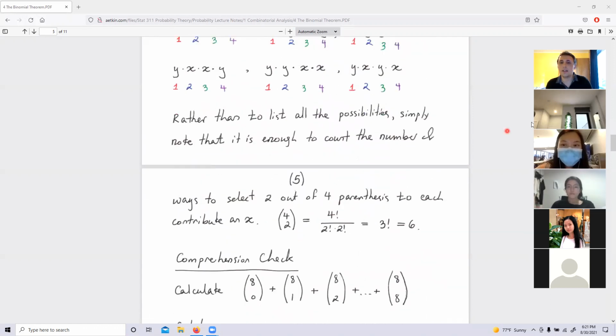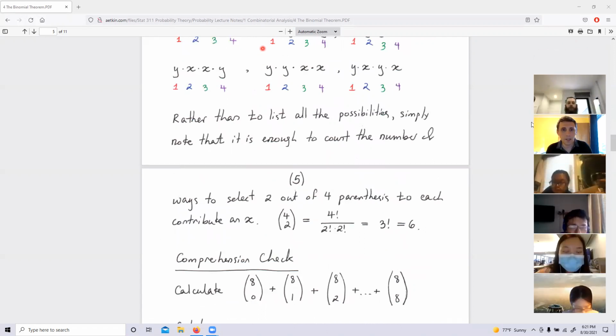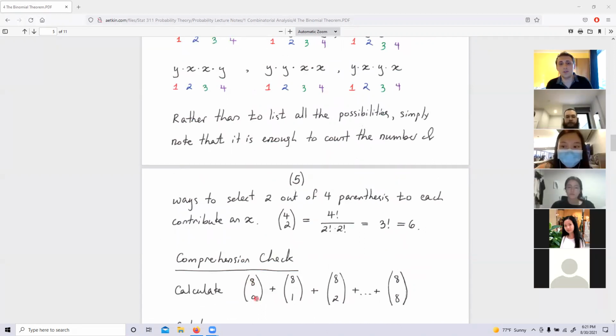Okay, guys, here is a comprehension check, a little bit harder one. Can you tell me what is 8 choose 0 plus 8 choose 1 plus 8 choose 2 all the way to 8 choose 8? Can you tell me what happens here? What's the answer? What does it equal to?